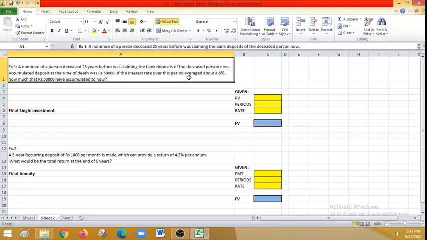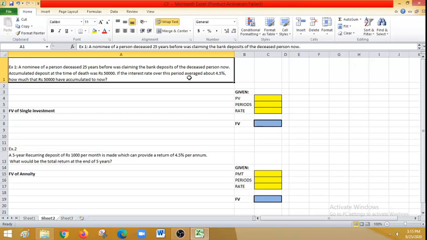So this is the example that I have taken to explain the future value of a single investment. A nominee of a person who was deceased 25 years before is now trying to claim the bank deposits.